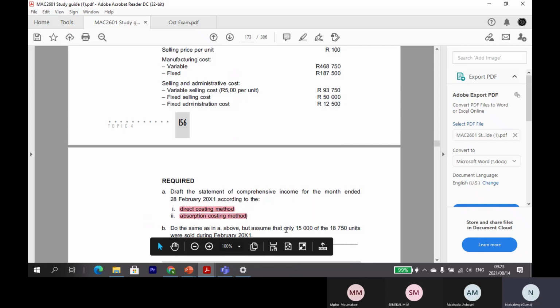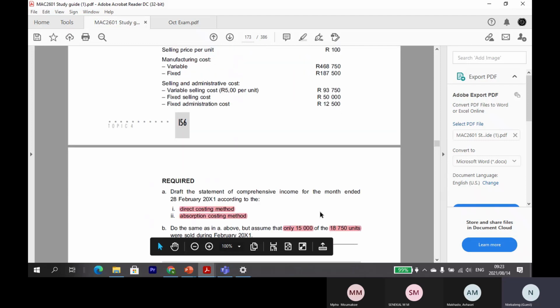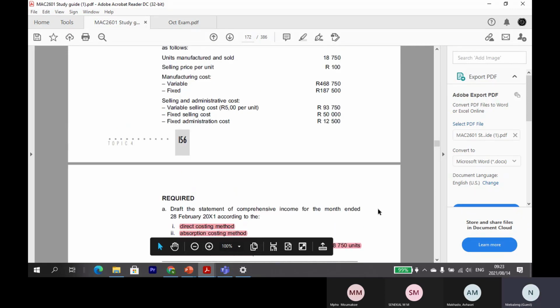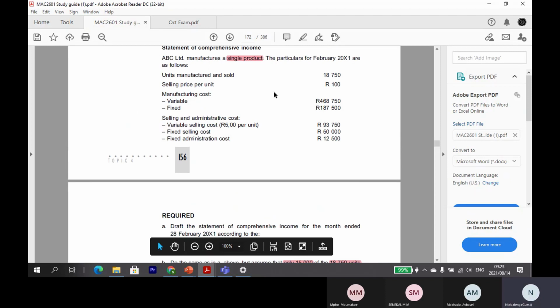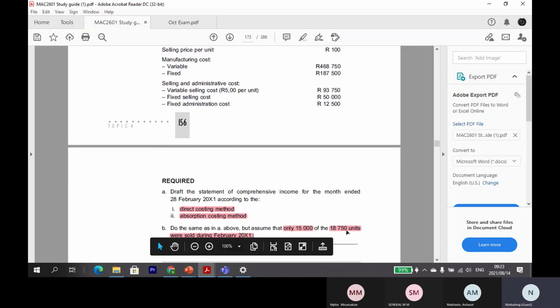But in this instance, you must only assume that only 15,000 of the 18,750, which was what was manufactured, were sold during Feb. Are you okay? So for scenario 2, don't assume that we sold the whole 18,750. Our sales is 15,000, whereas what was produced was 18,750.